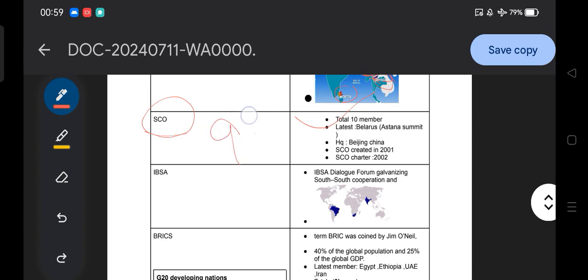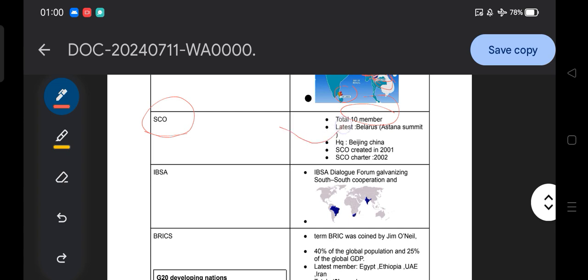Initially it was 9 members when Iran joined in 2023. But on 4th July 2024 in Astana, Belarus became the latest member to join. If they ask how many members are there in SCO, your answer is 10.